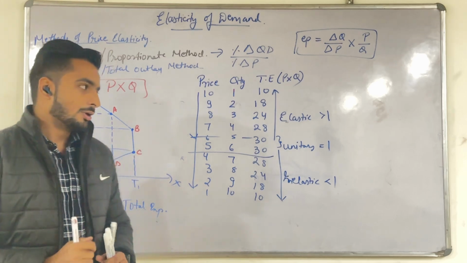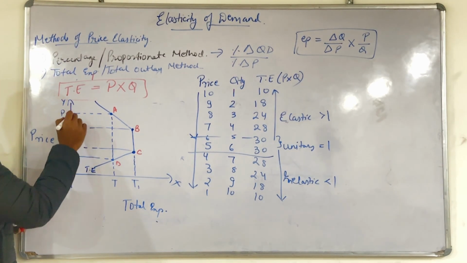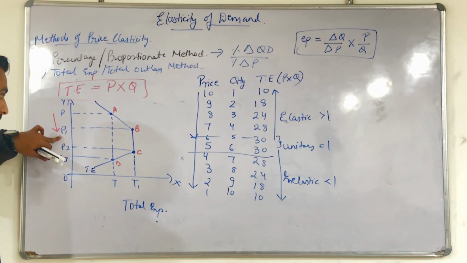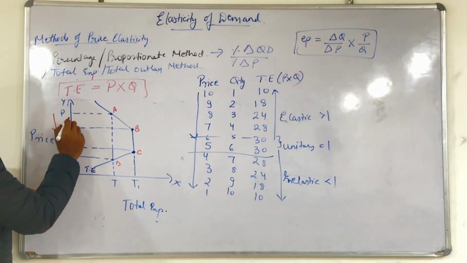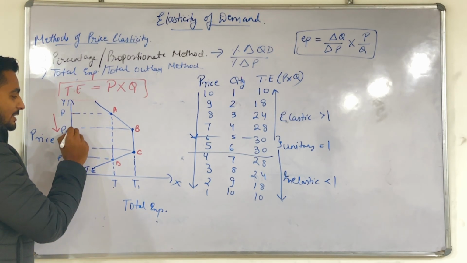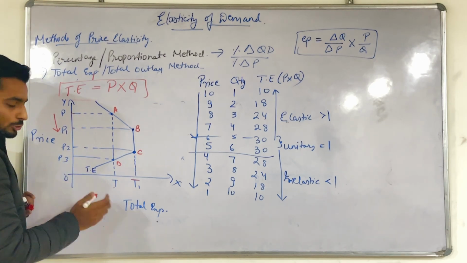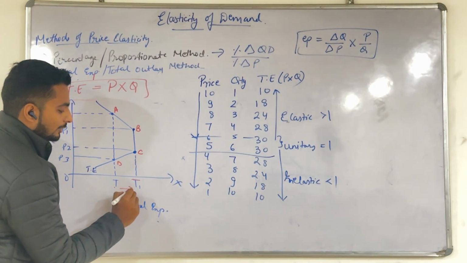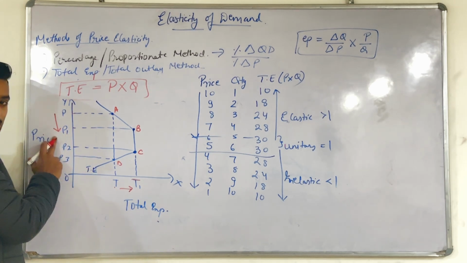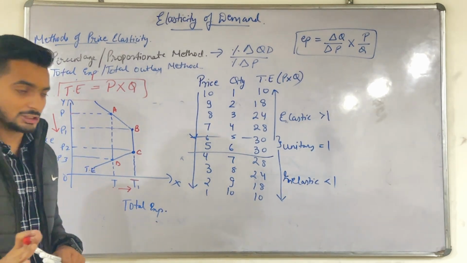Now we have to relate this. When price falls from P to P1, total expenditure at point P was T and total expenditure at point P1 was T1. So total expenditure shifts from T to T1, which shows a rightward shift. Rightward shift means increasing total expenditure.